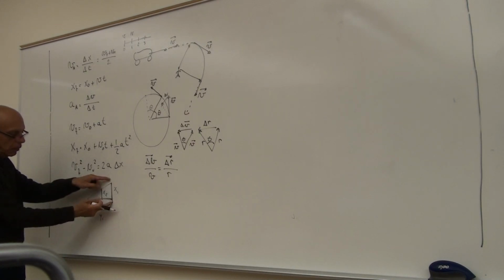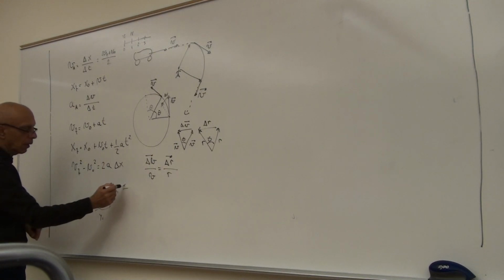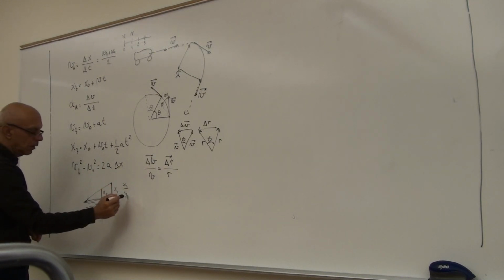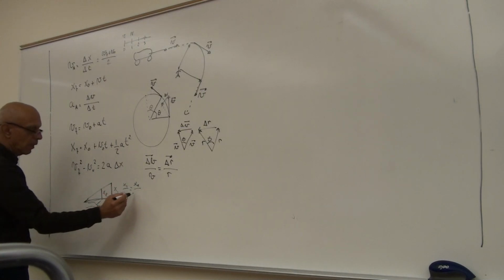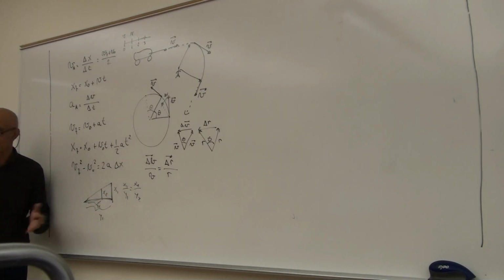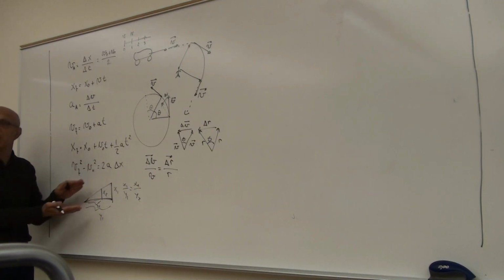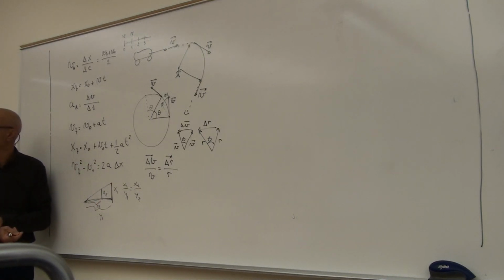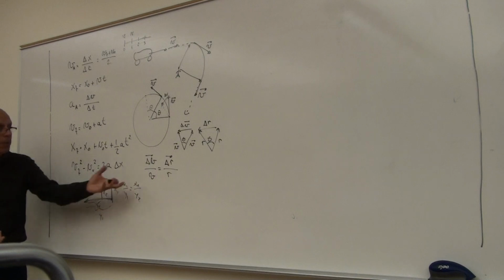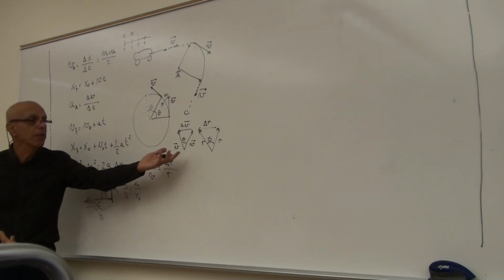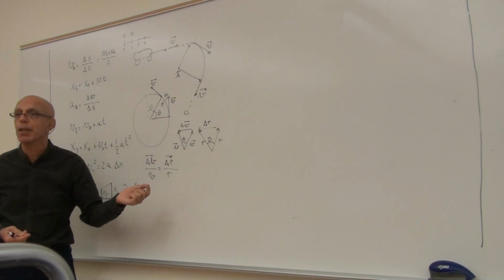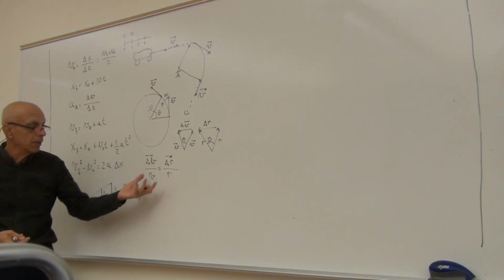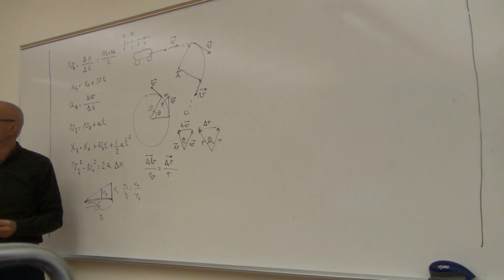So x1 over x2 is the same as y1 over y2. That's the proportion, because these are similar triangles. That's all I've done here. Those are two triangles that have the same angle, so I can write this proportion.